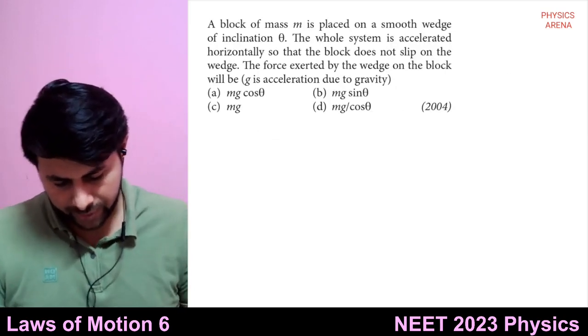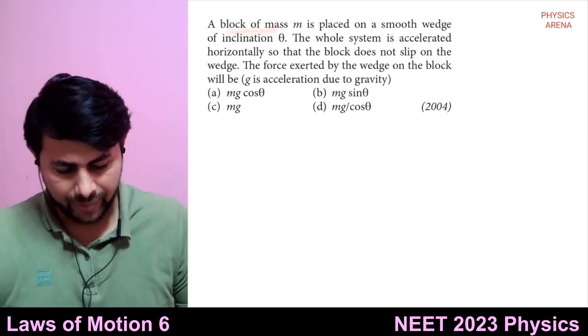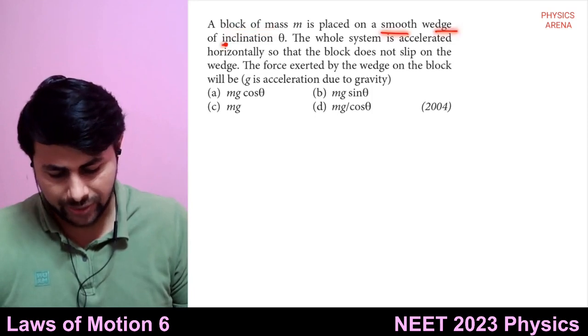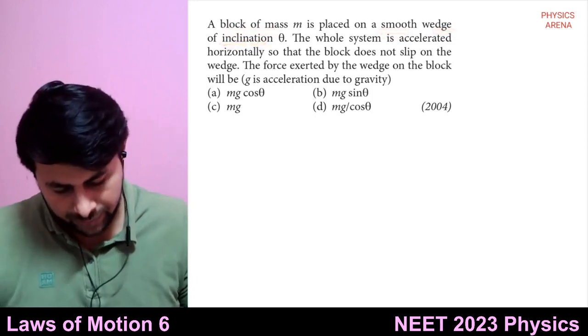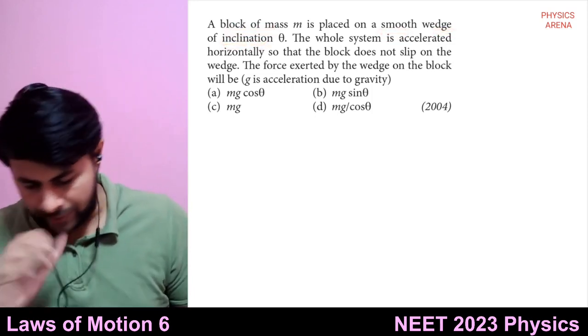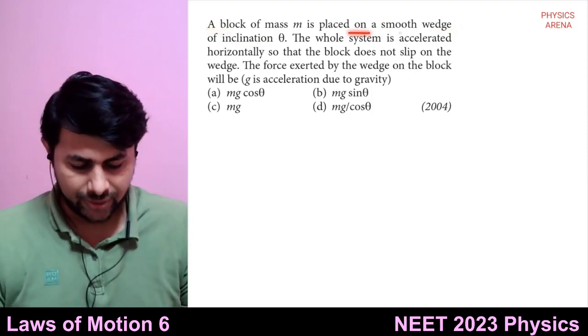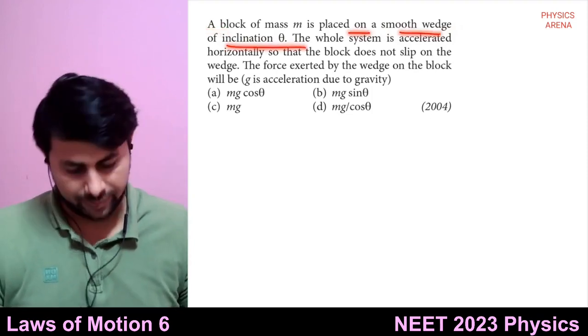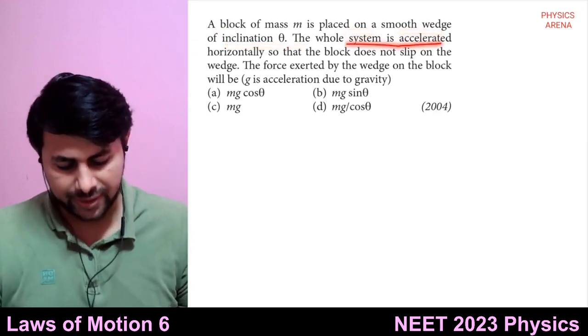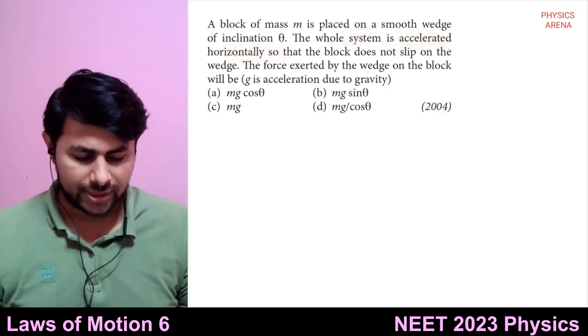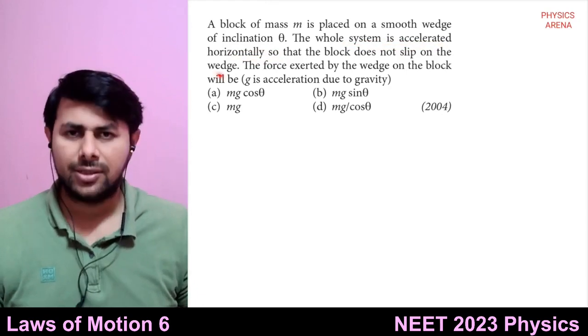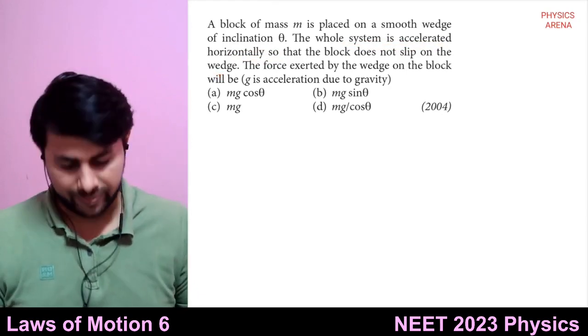Okay, so a block of mass m is placed on a smooth wedge of inclination theta. The whole system is accelerated horizontally so that the block does not flip on the wedge. So this is similar to the last problem.